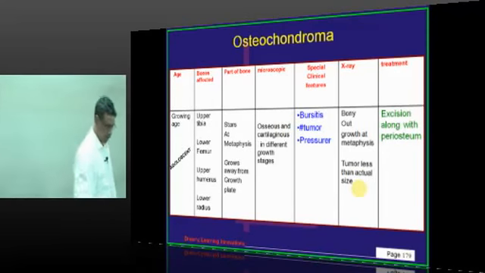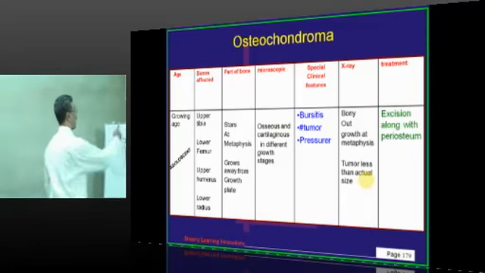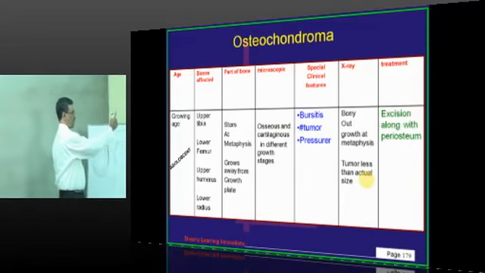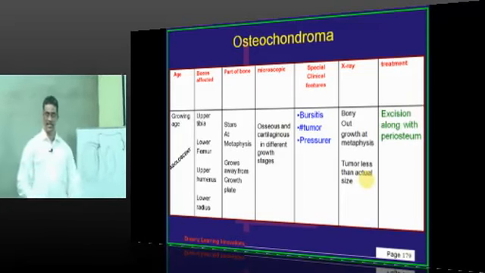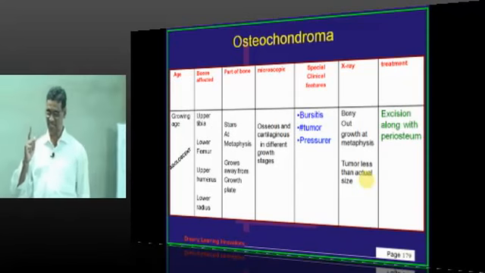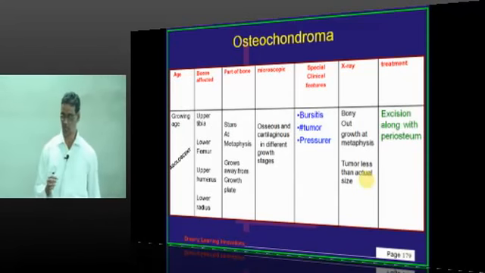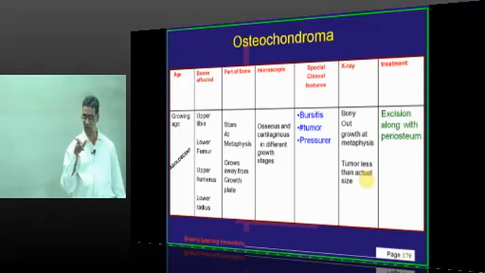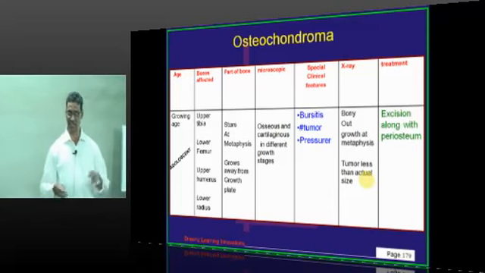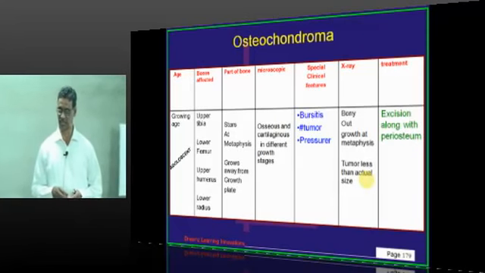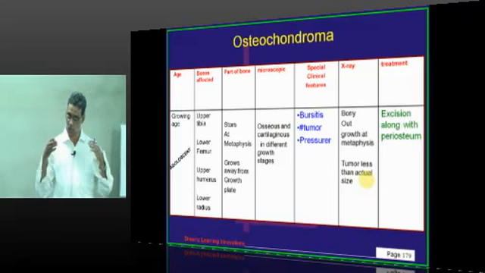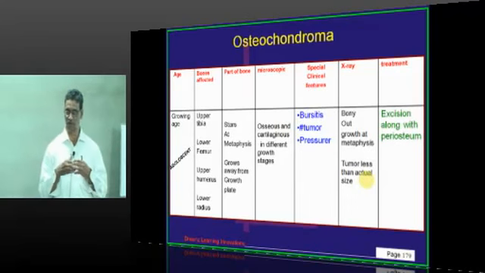Now, the upper end of the tibia, lower end of the femur, upper end of the humerus and lower end of the radius are the growing centers, the growing areas. You must remember: to the elbow I glow, from the knee I flee. That is the nutrient artery direction. The nutrient artery goes towards the elbow and flees away from the knee.